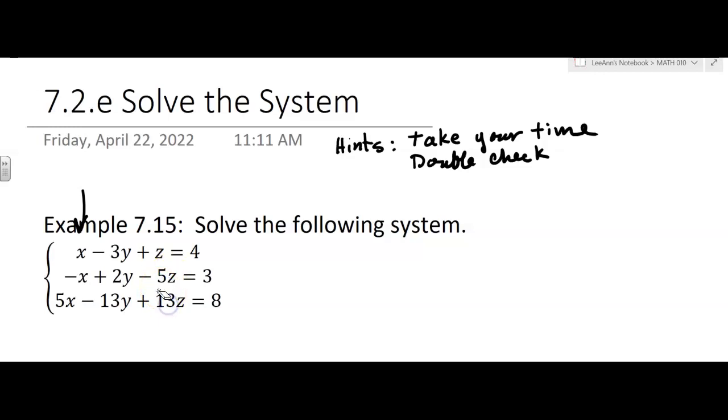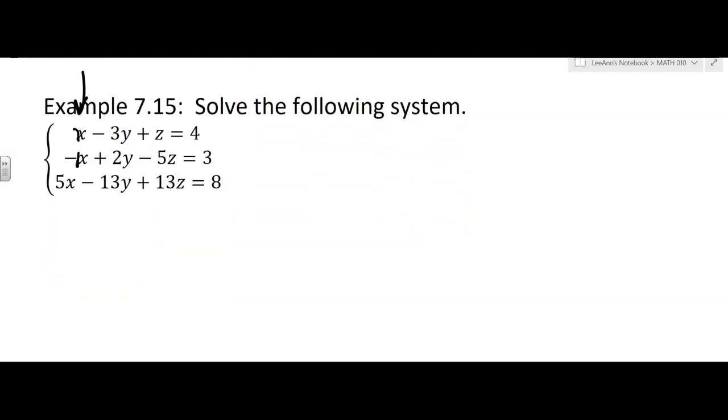So I have a 1 on the x here and a -1 there. And that already makes me happy because I know the x's are going to cancel if I just add those two equations. So that's what I'm going to go with. I'm going to plan this out. I'm going to eliminate the x's. That'll give me a yz equation. And then we'll talk about it from there.